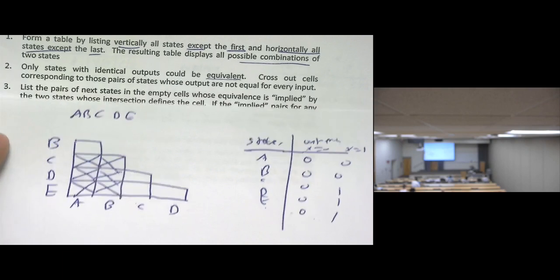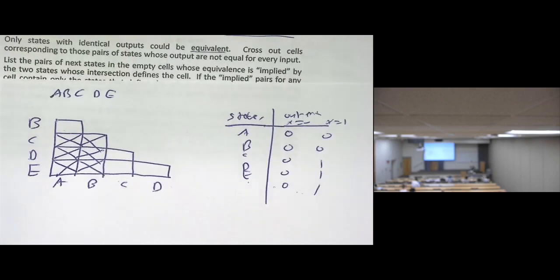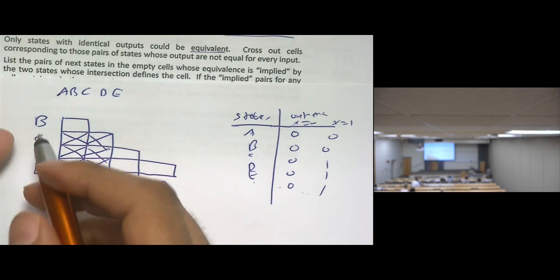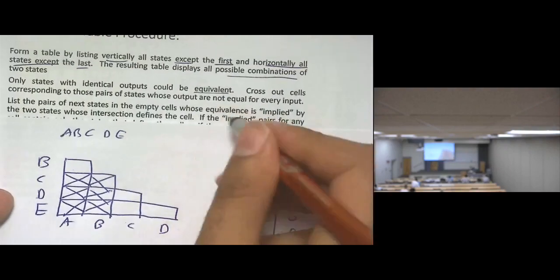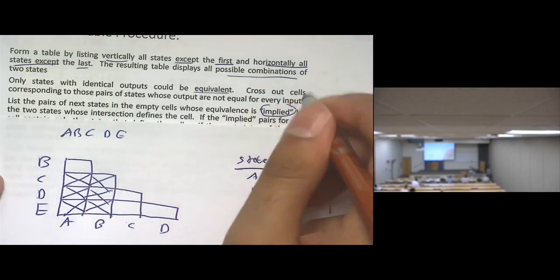equivalents. Then we will go to replace the pair with the next state. Let's look at the next state table. Then we will see something called implied or not.